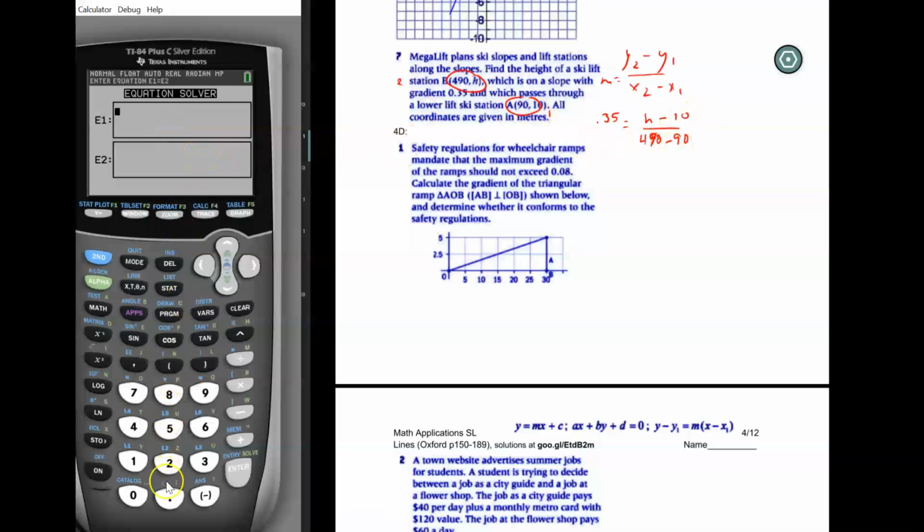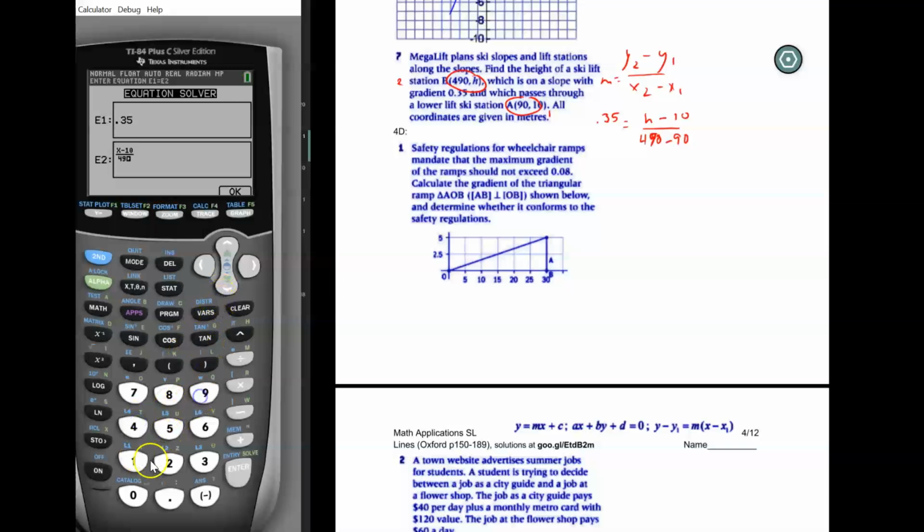So we'll put 0.35 in E1, and then if you want to use the vertical fraction, you can do Math, Number, go down to the bottom, put that there, and put x - 10, then go down and put 490 - 90.